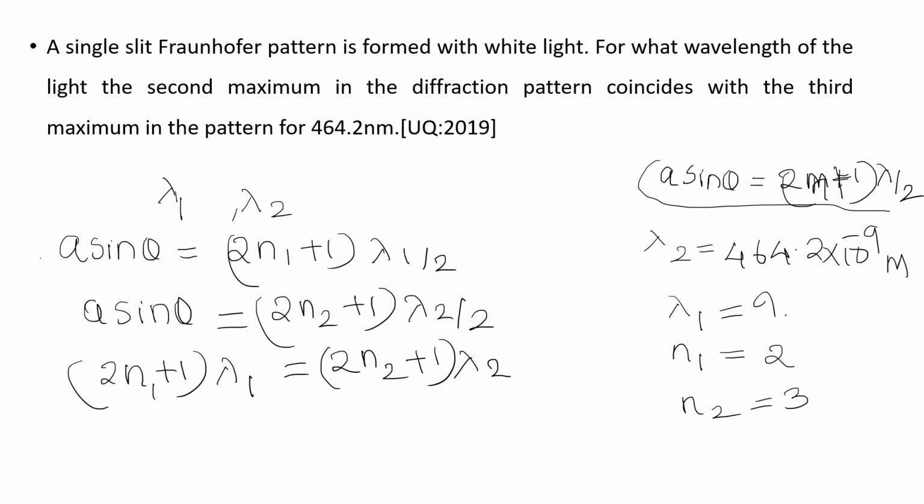Here n1 is 2, so 2 into 2 is 4, 4 lambda 1 plus lambda 1, that is 5 lambda 1, is equal to, n2 is 3, 3 into 2 is 6, 6 plus 1 is 7, so 7 lambda 2.